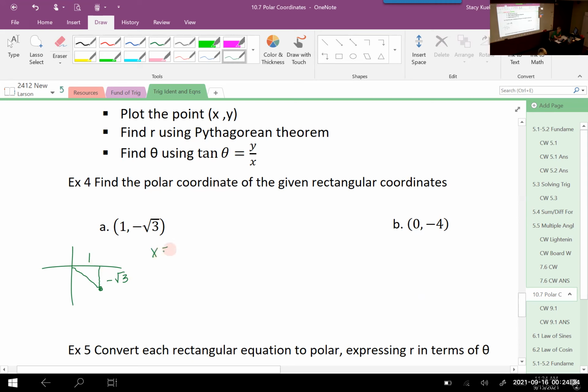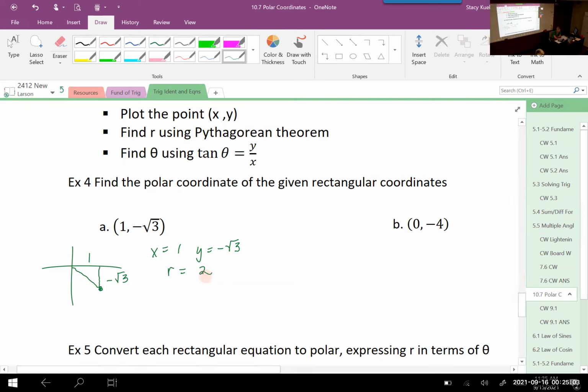So x is equal to 1. y is the negative square root of 3. r is going to be x squared plus y squared, which would be the 4, and the square root of 4 is 2. So x squared plus y squared, so 1 squared plus negative square root of 3 squared gives me 2.